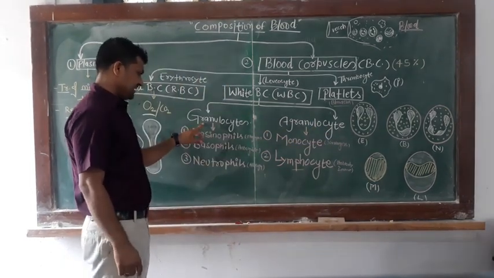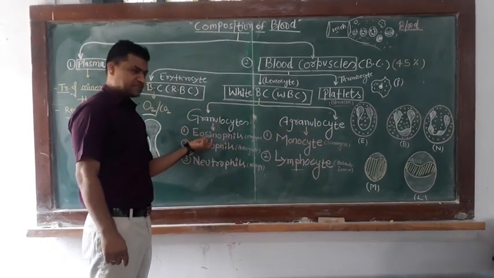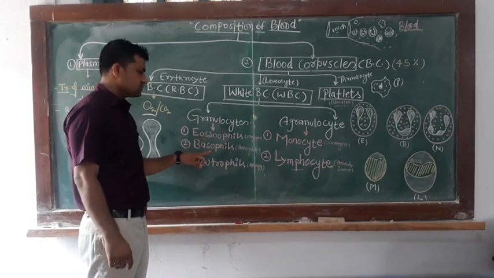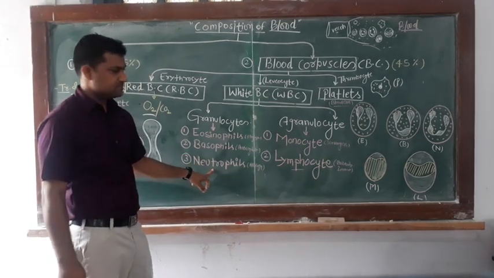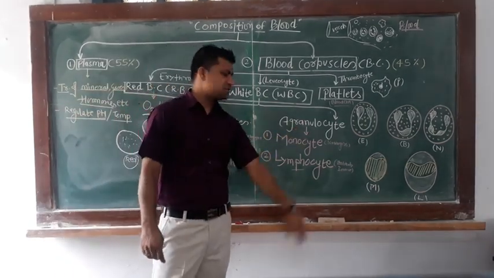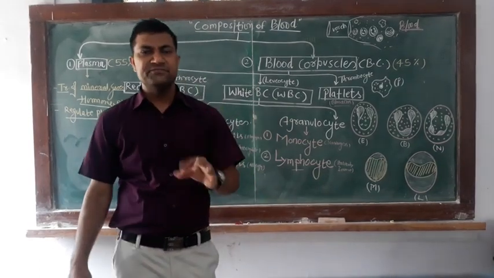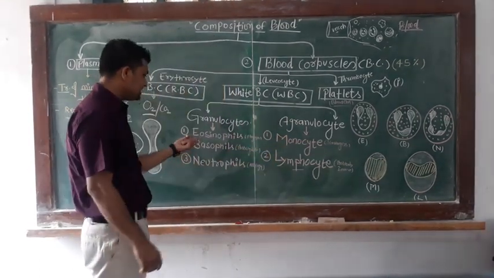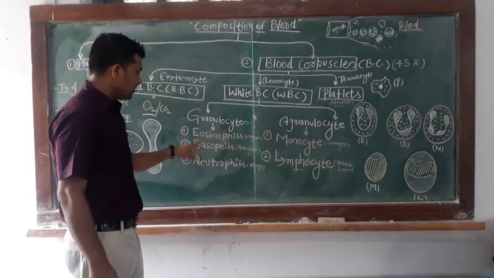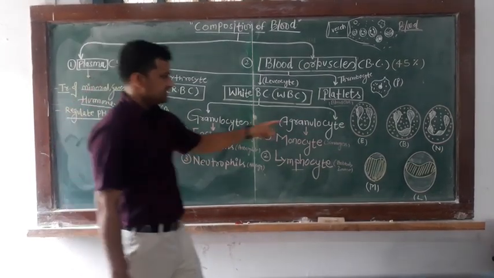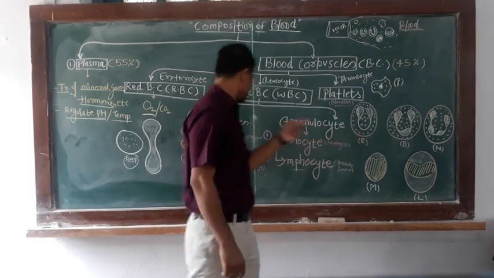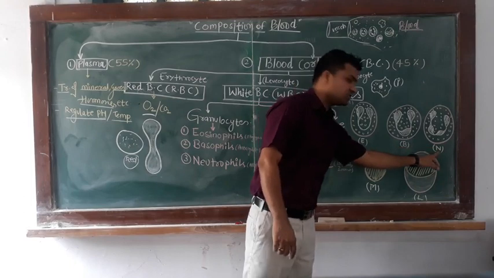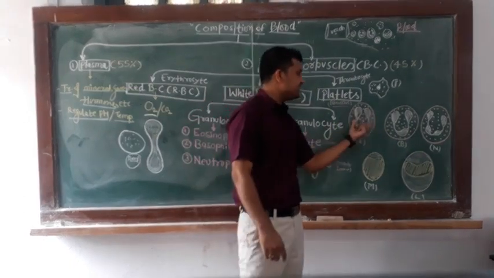Granulocytes have three types: eosinophils, basophils and neutrophils. Then agranulocytes are monocytes and lymphocytes.